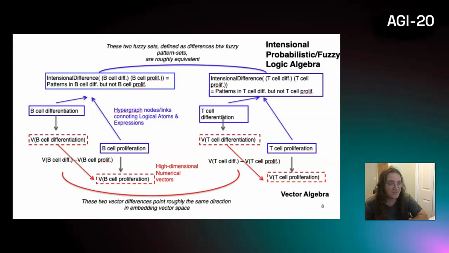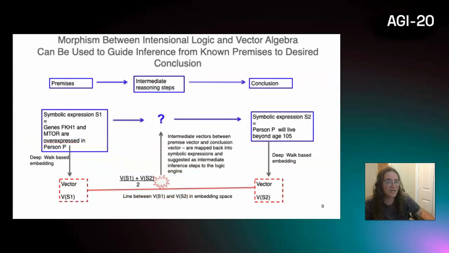What you have is that the vector between B cell diff and B cell prolif is pointing in the same direction as the vector T cell diff minus T cell prolif, and that corresponds to rough equivalence between these intentional differences between fuzzy property sets. So quite elegant, and what we're working on now is using this to guide inference.